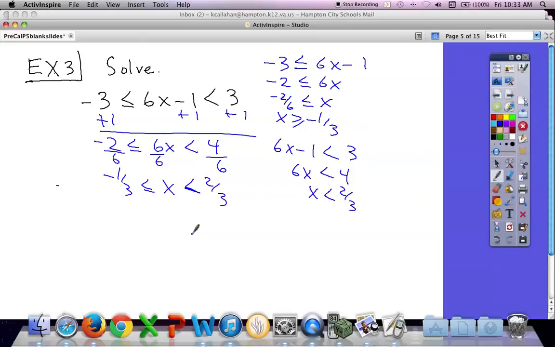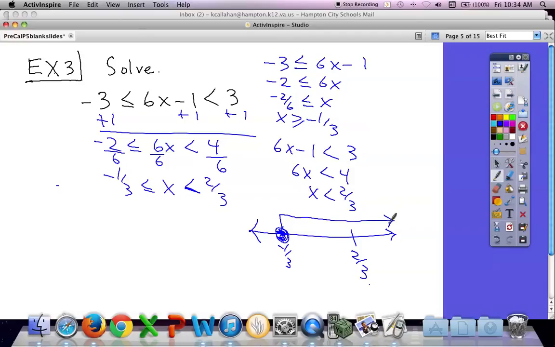So if you deal with it as a compound inequality, now I would put it on a graph, and here's the negative 1/3, and here is the 2/3. X greater than or equal to negative 1/3 would have been a closed circle on negative 1/3, shade to the right.